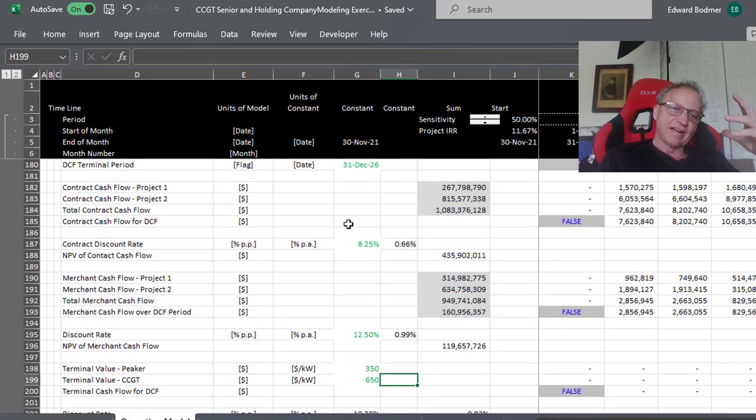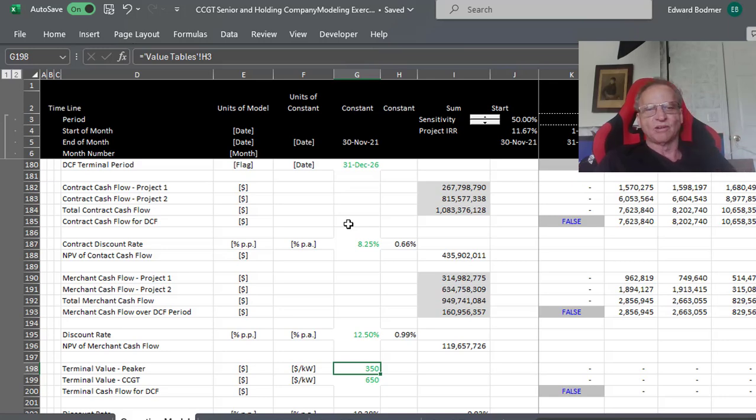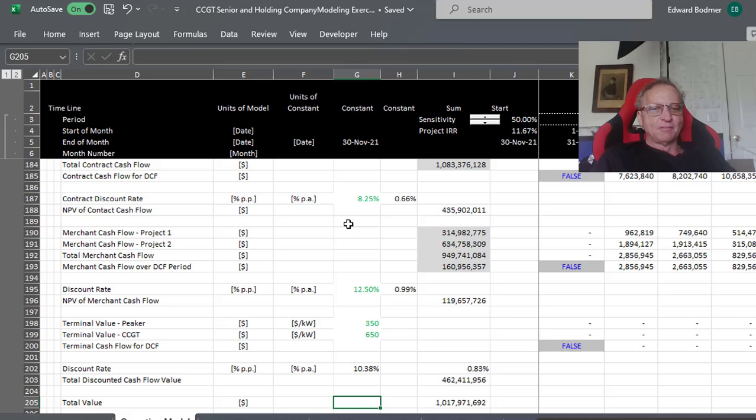And then we put our value based on the kilowatts. So we have to put the kilowatts in and then get the fact that these kilowatts are monthly kilowatts. And I think I just put an average of the discount rate, but the discounted cash flow value, I did that.